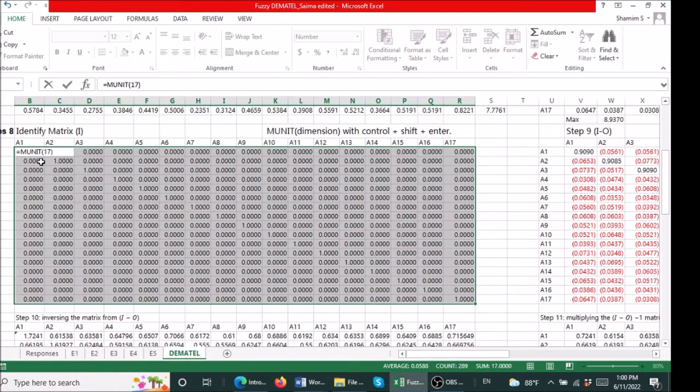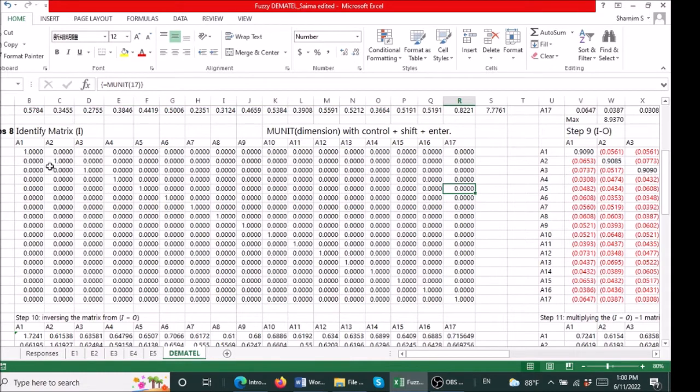This time you have to press Control Shift and Enter. Then you get the identity matrix. You see 1, and the rest of the values are 0. So we get the identity matrix.